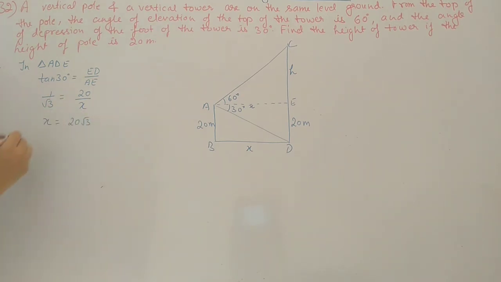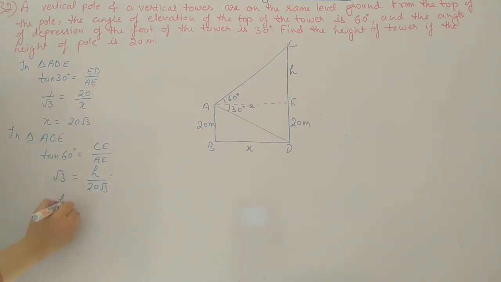Now we will take another triangle, triangle ACE. Tan 60 is equal to height by base, height CE by base AE. Tan 60 value is √3. CE we can write as h and AE we have calculated 20√3.